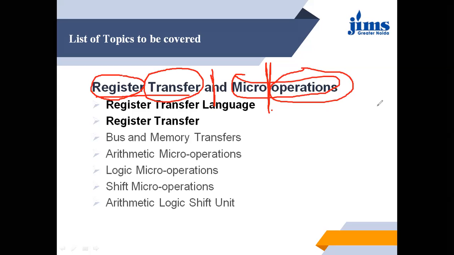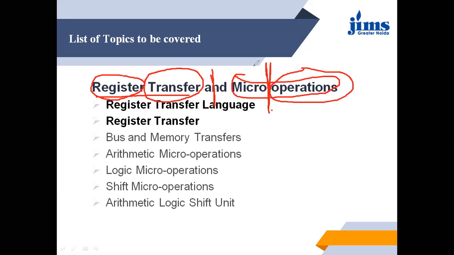For example, suppose I have to make this presentation, then what are the different operations that I am going to do? And micro means small operations, as there are micro and macro.